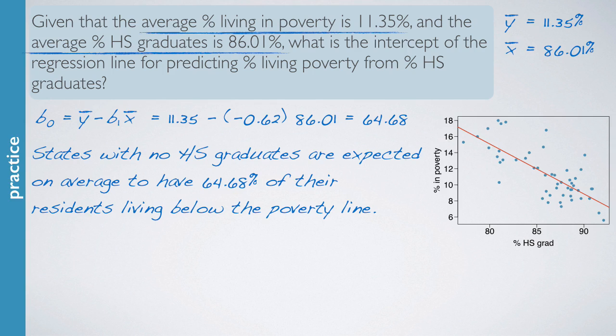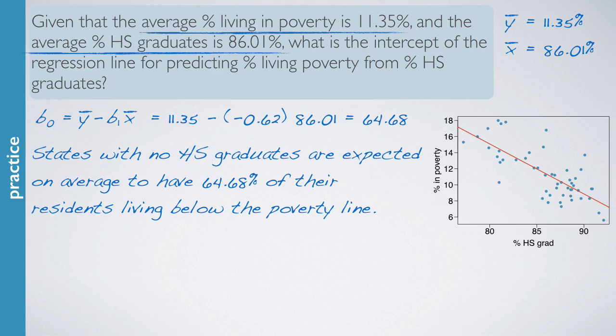Does this seem realistic that there would be states in the US with absolutely no high school graduates? Looking at the data we have, that actually seems very unlikely. We can see that all the states in the US actually have high school graduation rates varying somewhere between 75 to about 95% maybe. So mathematically speaking, this is a construct that's important for putting together our linear model.